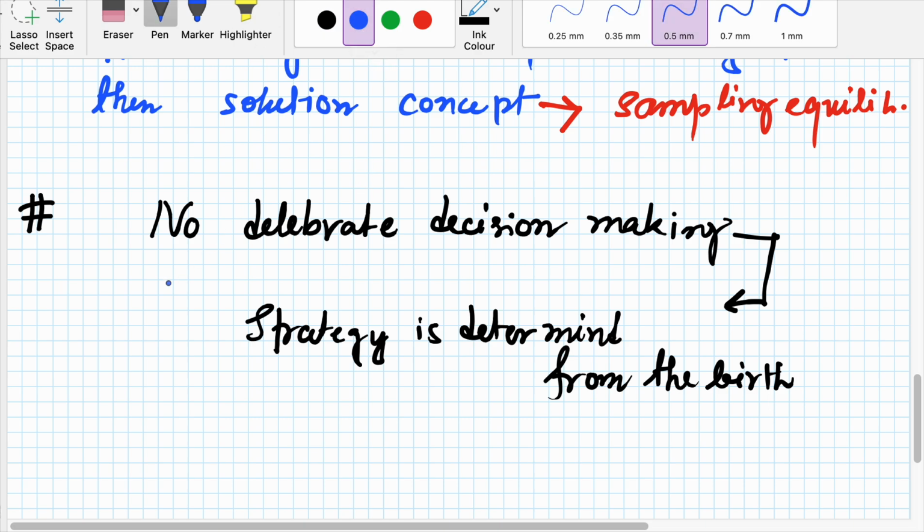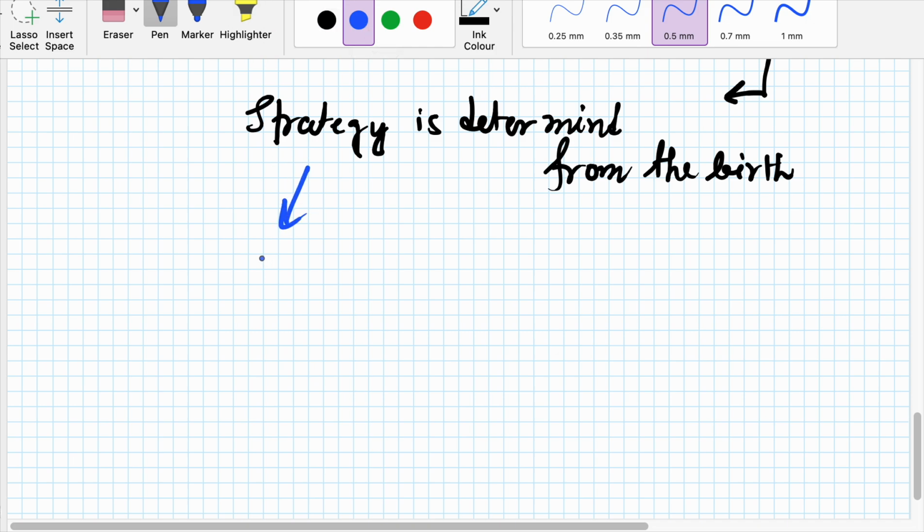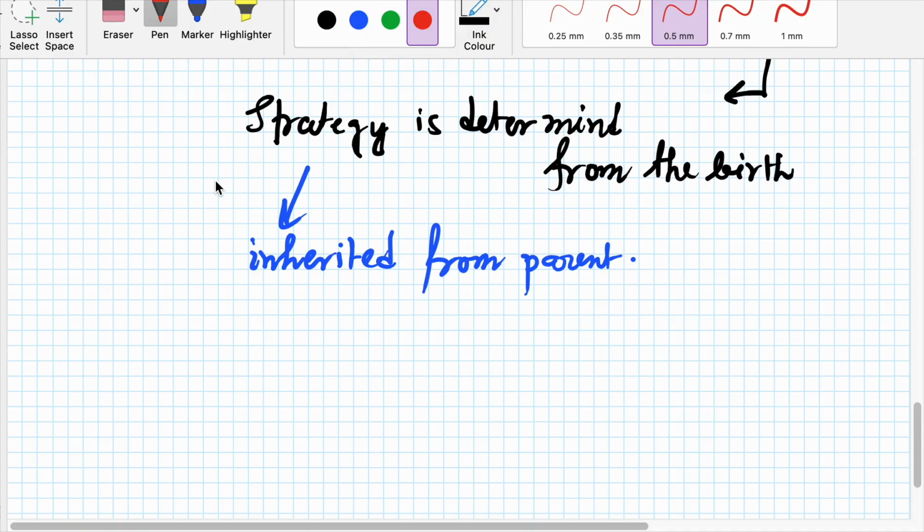So I want to talk about the strategic decision making of those individuals where the strategy is not chosen by themselves through a deliberate process of thinking, but is determined from birth and inherited from the parents.